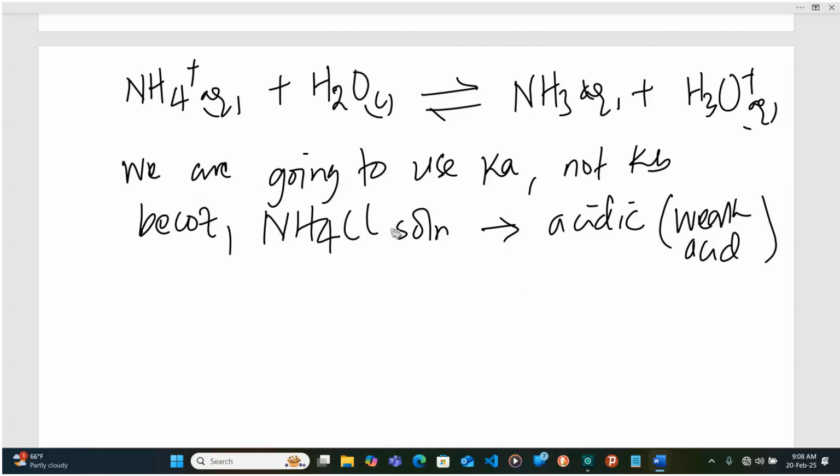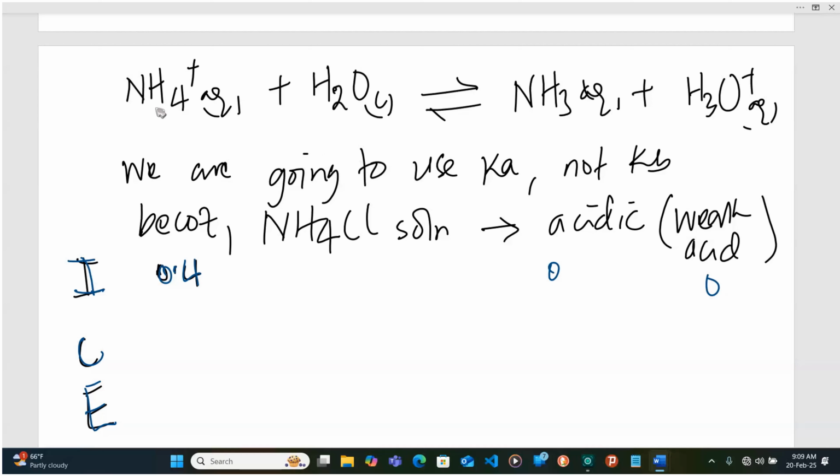So therefore, having understood that, we are going to be using ICE. So what is the concentration of ammonium ions here? Initially, we are given that we have 0.4. And then we also had 0 of ammonia and 0 of hydronium ions initially.